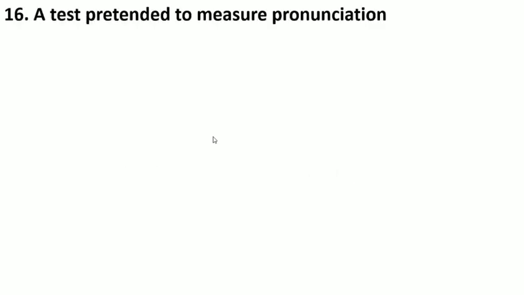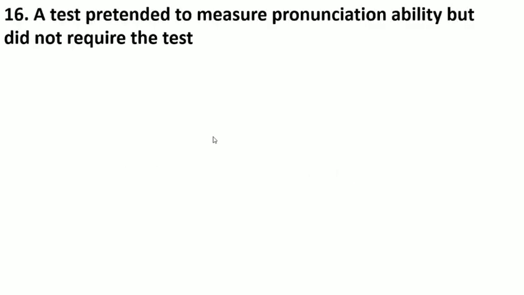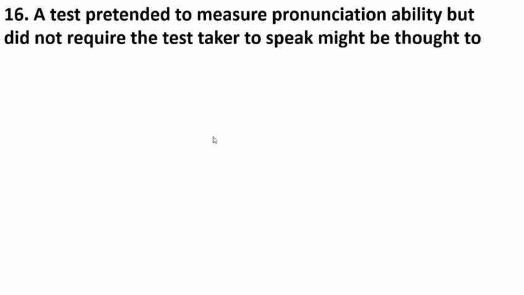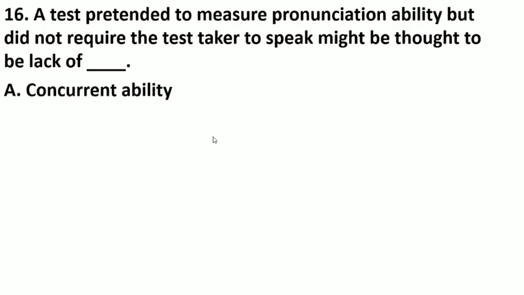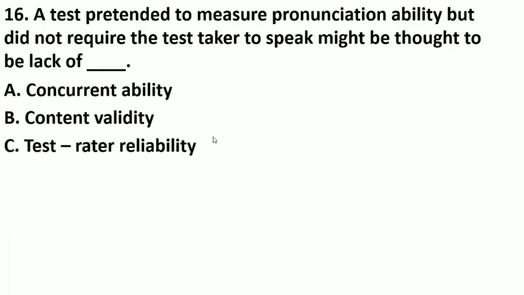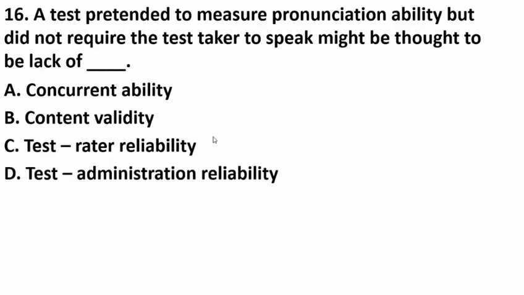A test pretended to measure pronunciation ability but did not require the test taker to speak might be thought to lack A. Concurrent validity. B. Content validity. C. Test writer reliability. And D. Test administration reliability.